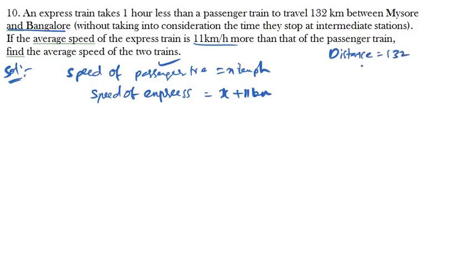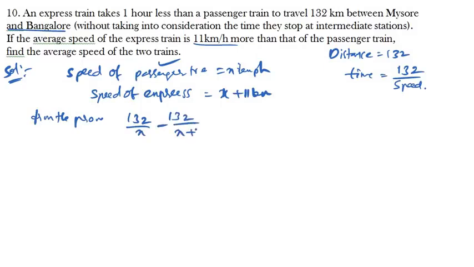So from the problem, distance by speed gives time. Total time is equal to distance divided by speed, so 132 divided by speed. So from the problem, 132 divided by x minus 132 divided by x plus 11 is equal to 1 here.